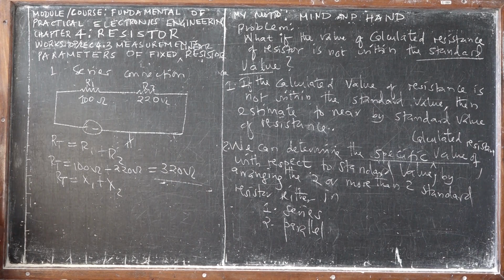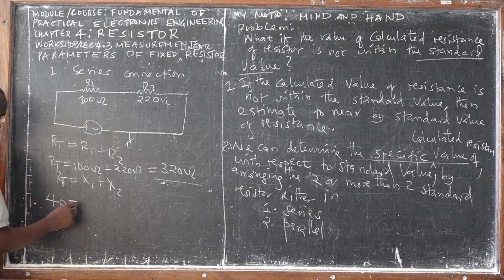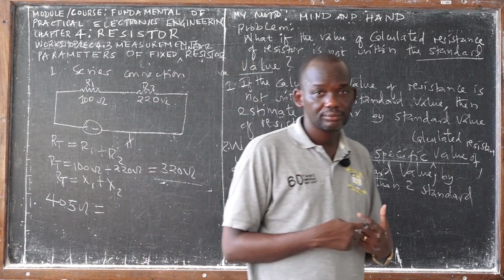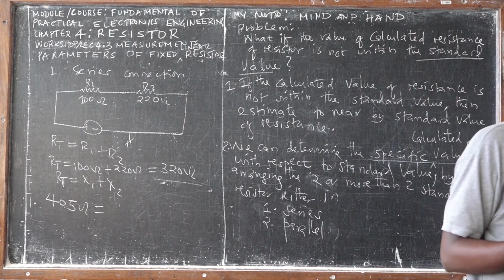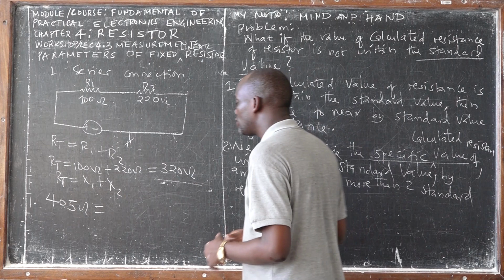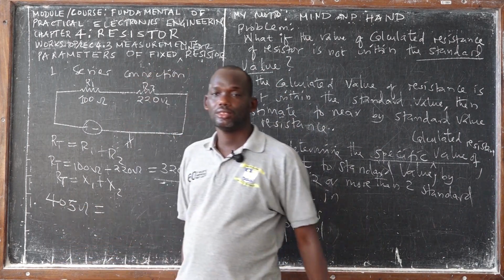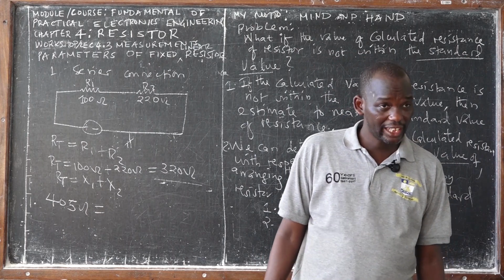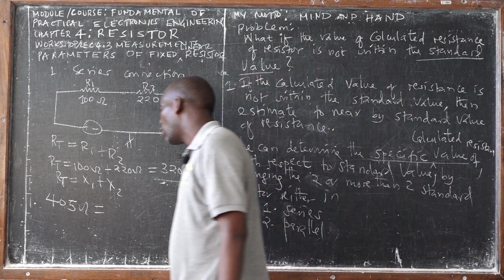Maybe in your calculation you have computed 405 ohm, which is not the value of a standard resistor. You do your calculation and come up with a required resistance of 405 ohm, but once you go to an electronic shop, you'll never find it. How can you obtain it?